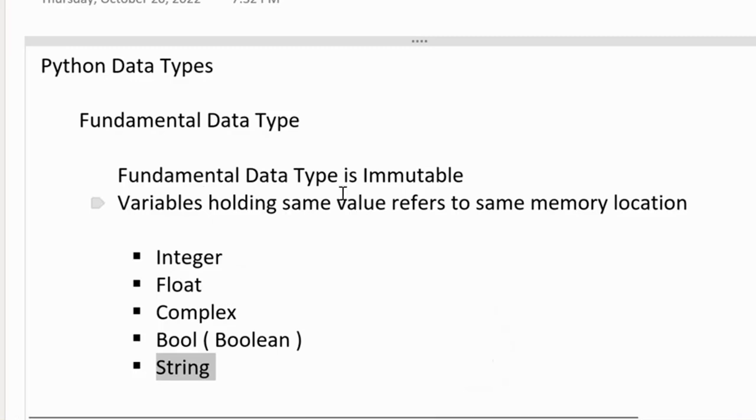Because of these properties, immutability and memory sharing, Python saves a lot of space for storing or processing the data, and it processes the data very, very fast.